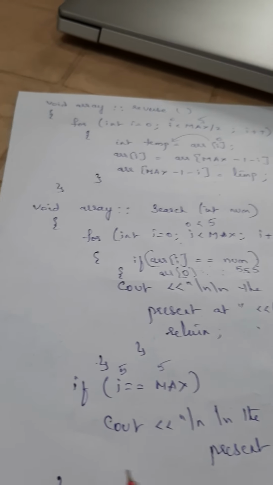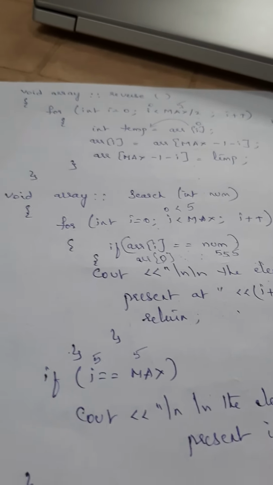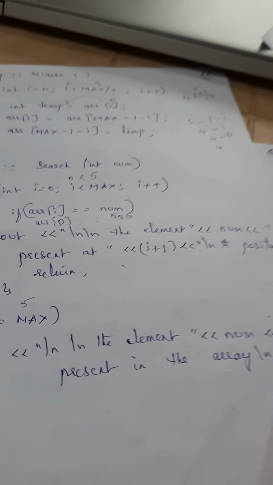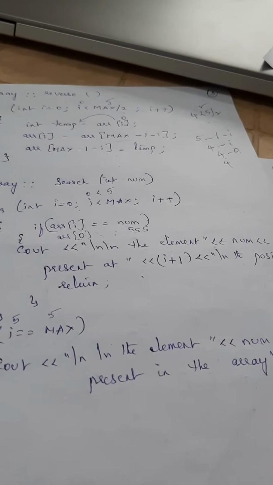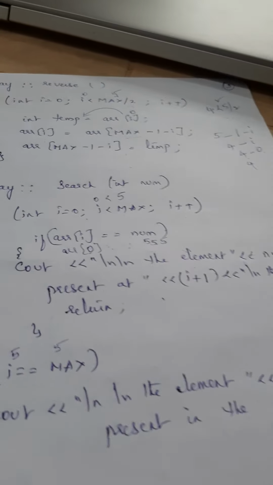So here, if the condition is false, then you will print that the element is not present in that particular array. Then you will return to the main function.